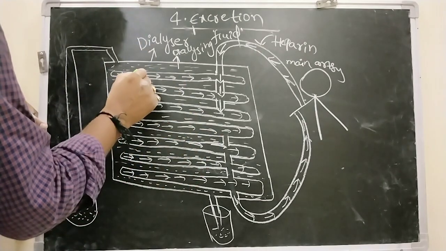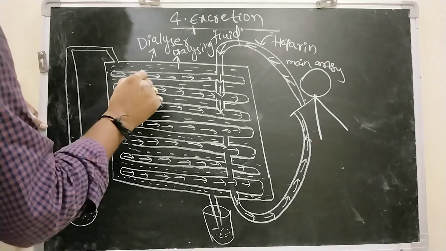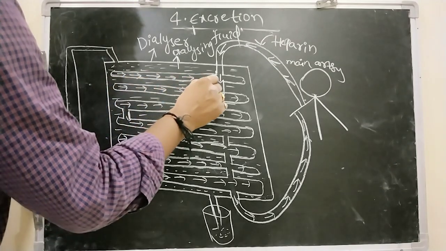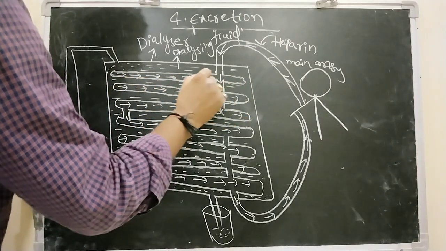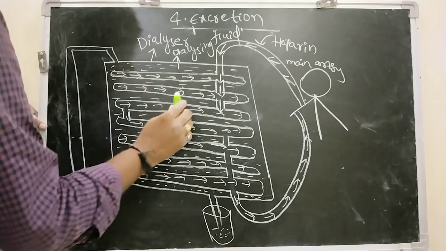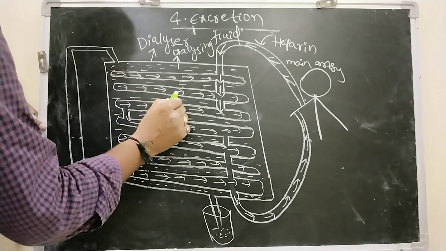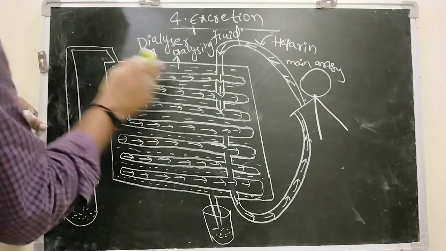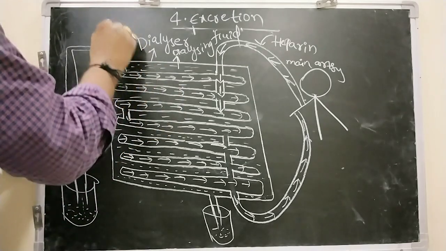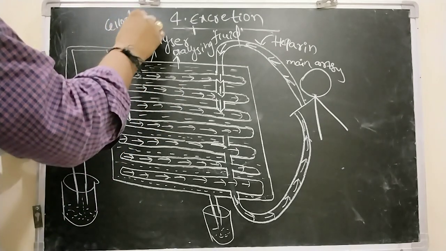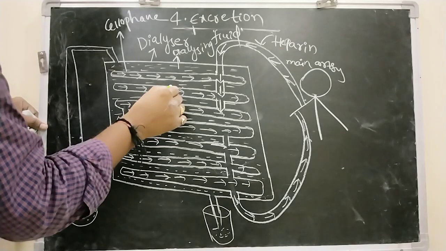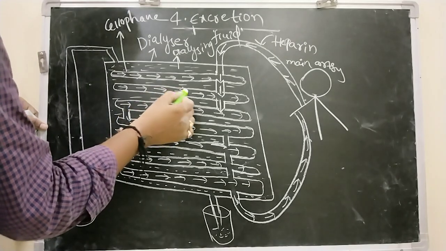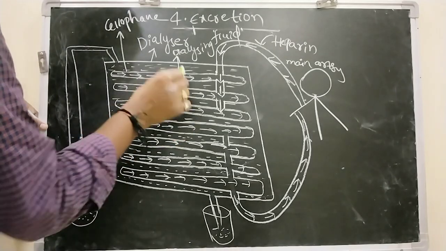So this acts as a permeable membrane, and through the physical process called diffusion, the waste materials from these tubes or sheets, which are made up of cellophane, through this material, the solid wastes are sent from the blood to dialyzing fluid.